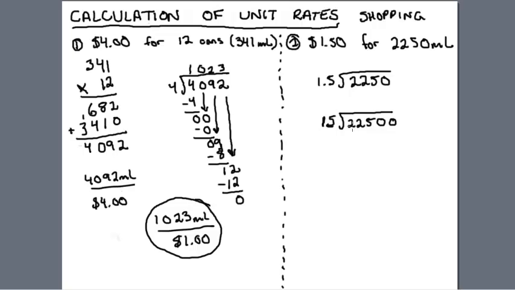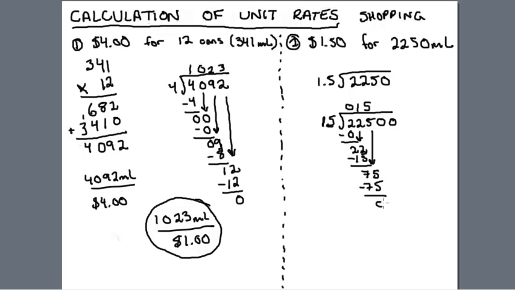So 15 goes into 2 0 times. 15 goes into 22 once. And 15 goes into 75 5 times.